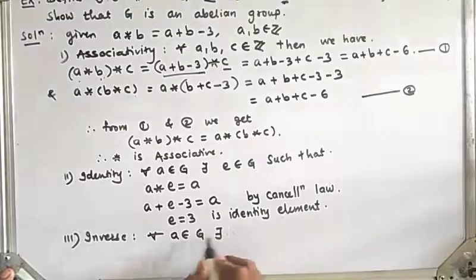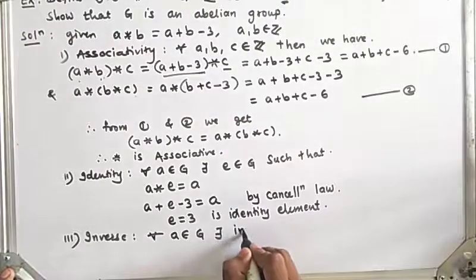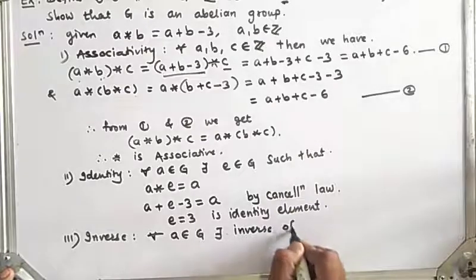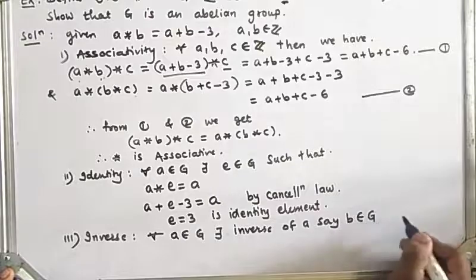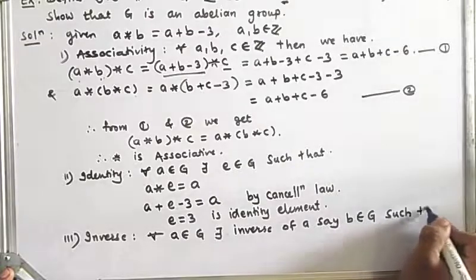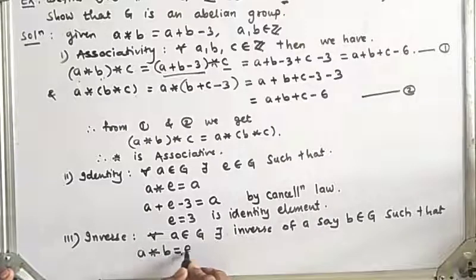So I will take for all a belongs to G, there exists the inverse of a, say b, which belongs to G, such that a star b is equal to identity.